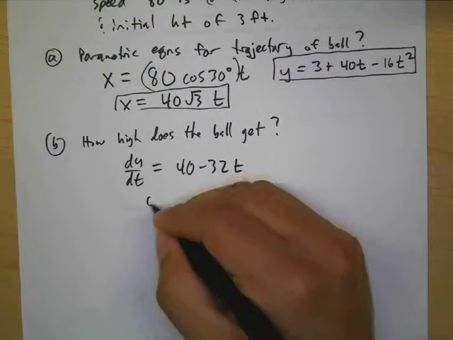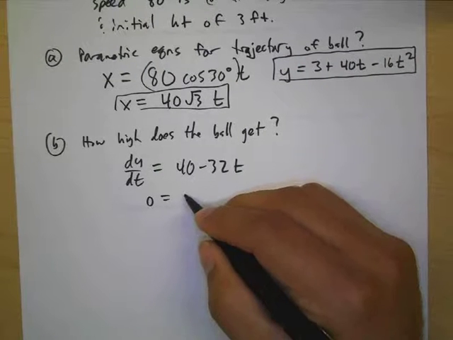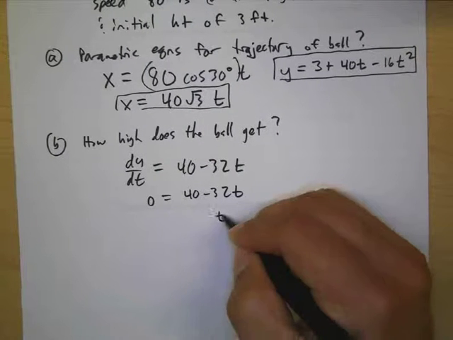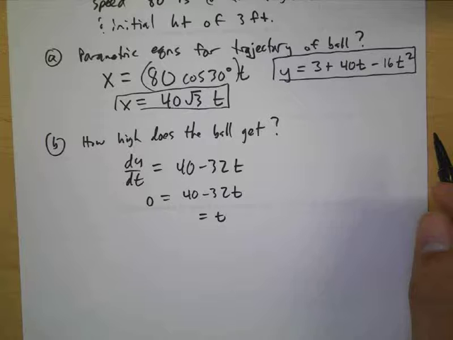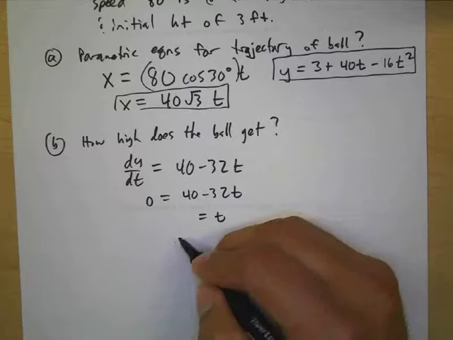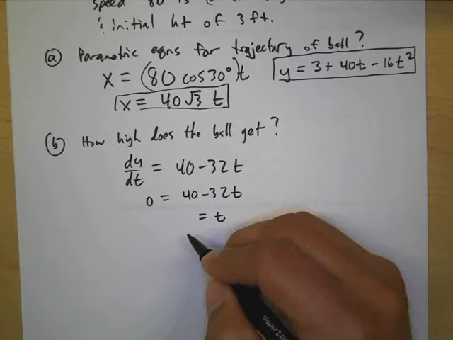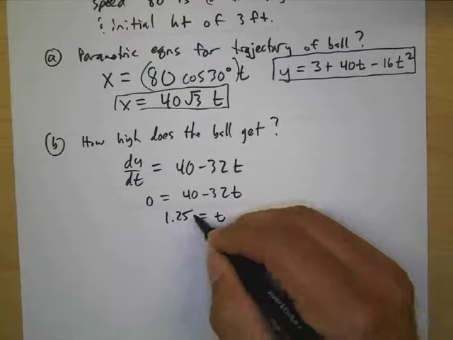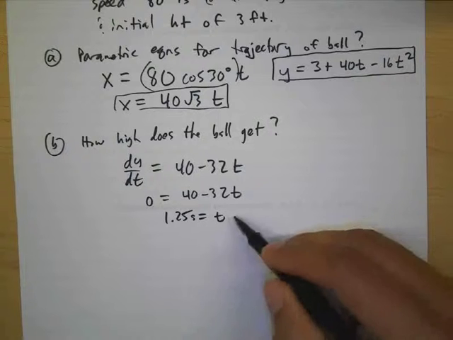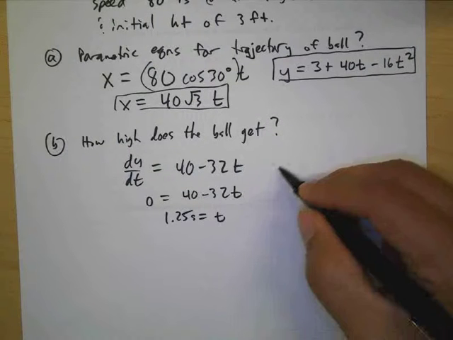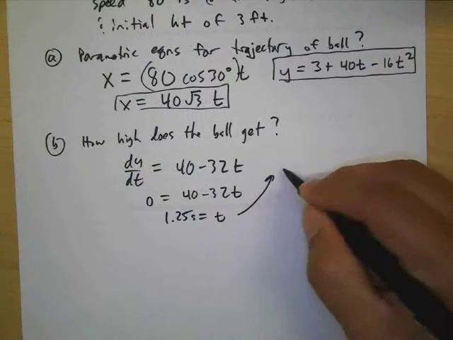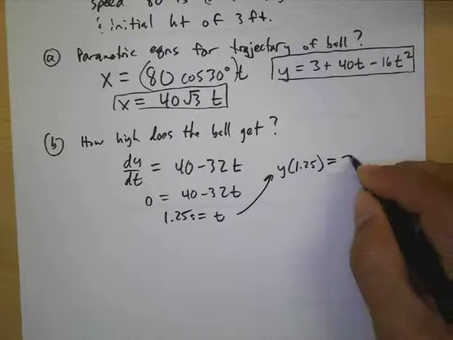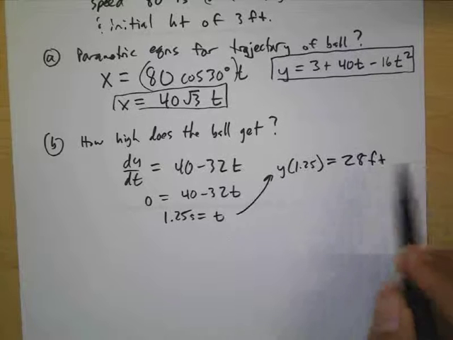Set that equal to 0 to find out at what time. Time is going to be 40 over 32, which is 5 over 4, 1 1/4 seconds. So now plug that into y. So y of 1.25, and I'll save us the time, we get 28 feet.